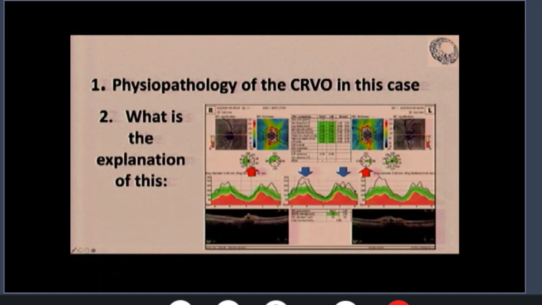What is the physiopathology of the CRVO in this case? And what is the explanation of the white areas in the OCT? The questions are clear, isn't it?